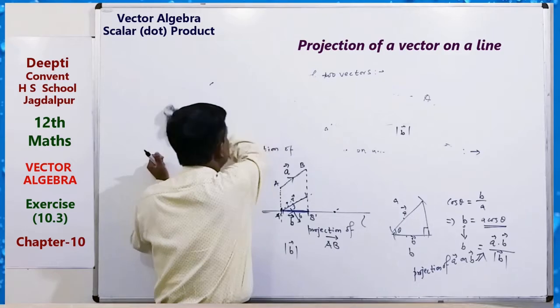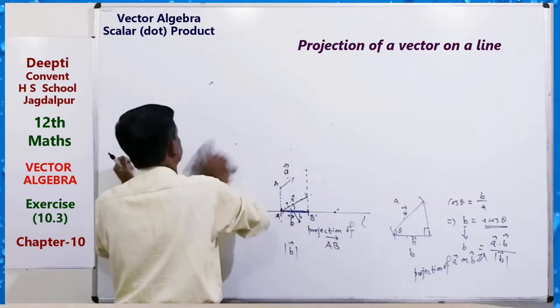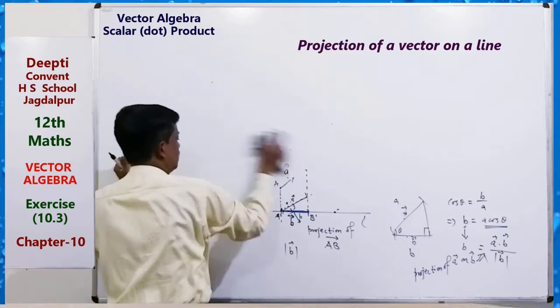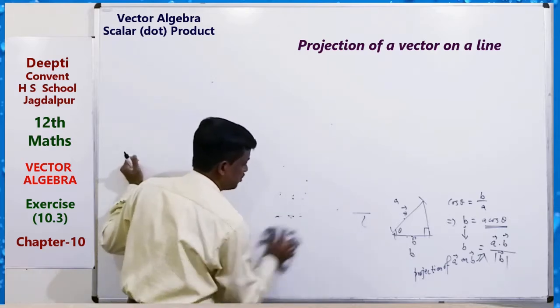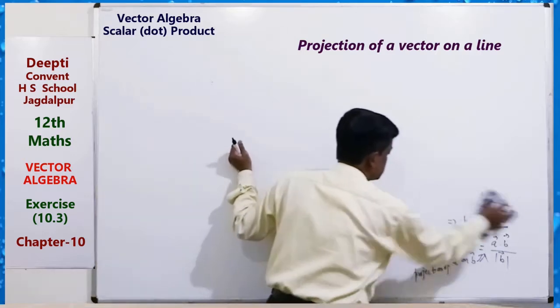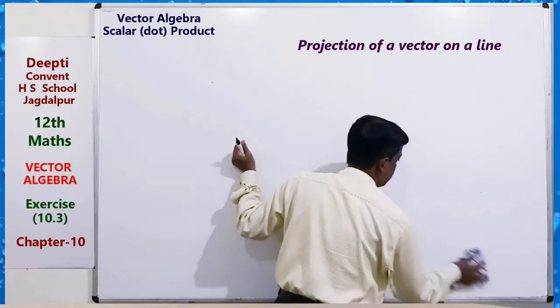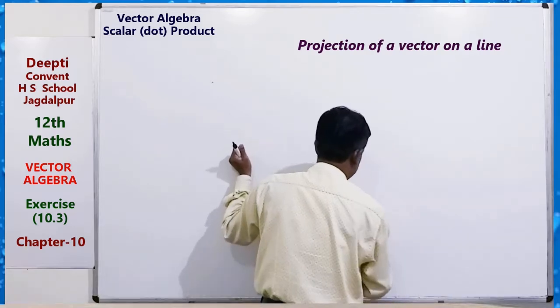So this is the formula for projection of a vector on another vector. Okay. So very simple formula. What is the formula? Projection formula. Projection formula is projection of a vector on another vector.